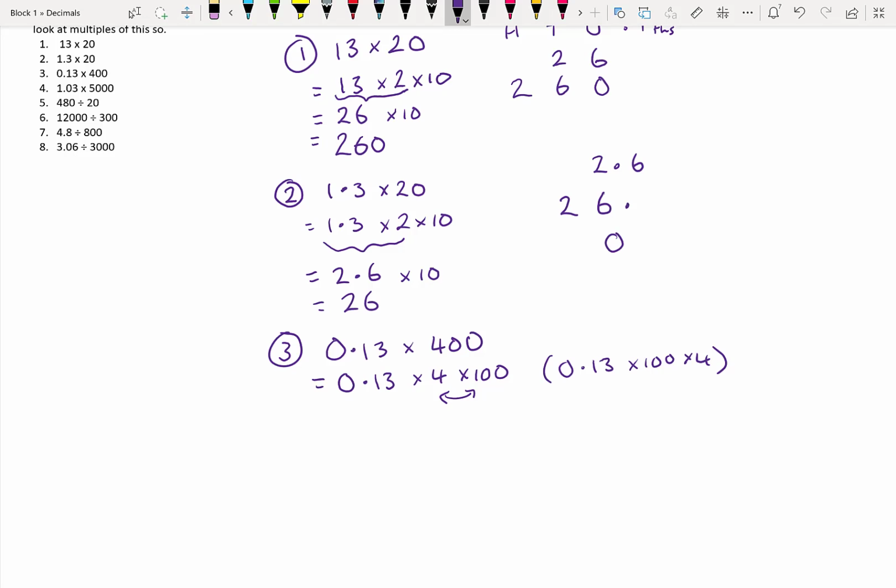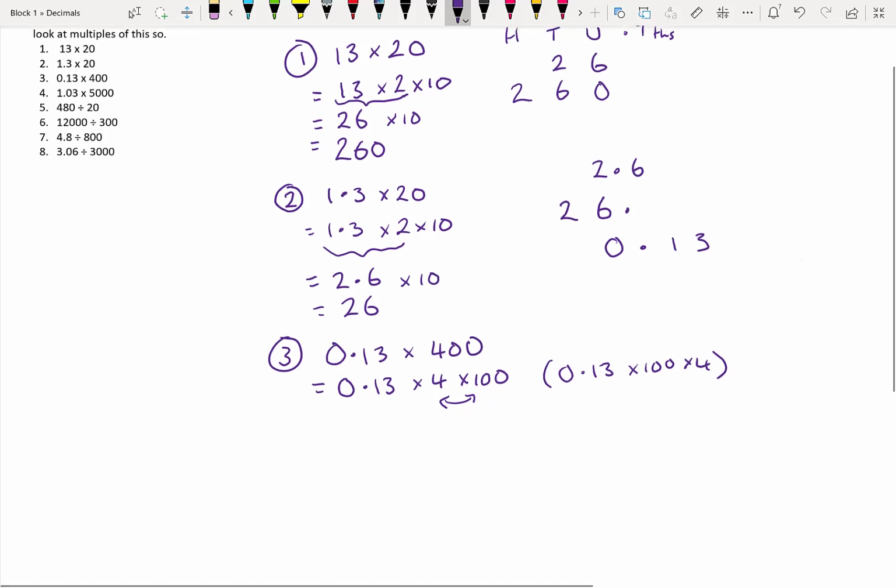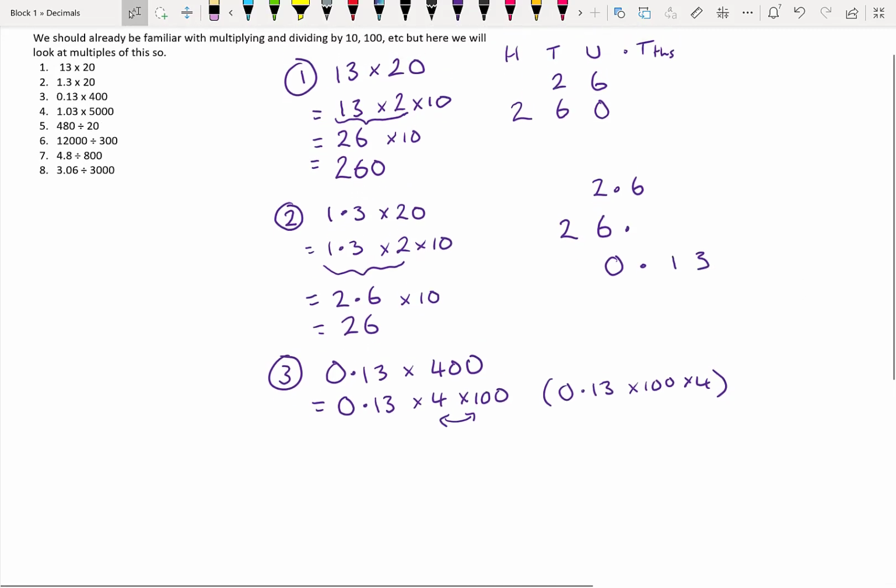So what I've got then is 0.13, but now I'm multiplying it by 100, so it doesn't just move one column to the left, it moves 2 columns to the left. My 1 goes from being in the tenths column to the units column to the tens column. My 3 from the hundredths column moves to tenths, moves to units. My decimal point, keeping it right.